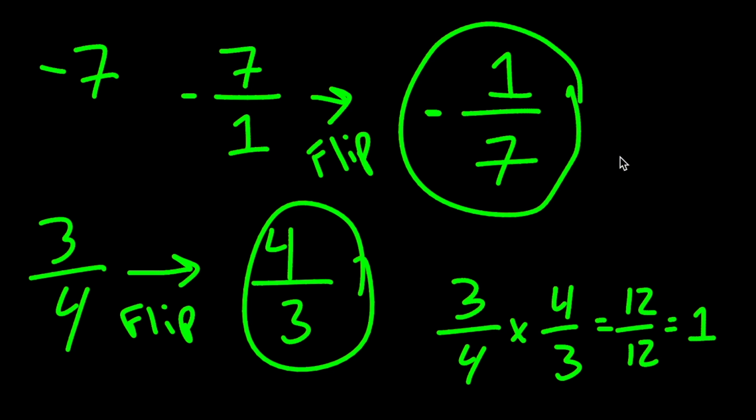And then for this problem, we have 7 over 1 negative. Let's ignore the negatives for now. Times 1 over 7. It's going to give you 7 over 7 and 1. So it's going to equal 1. And there you go.